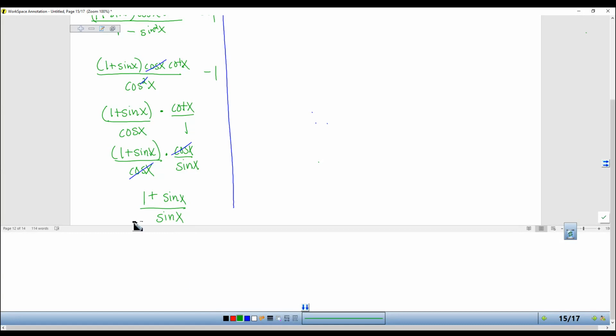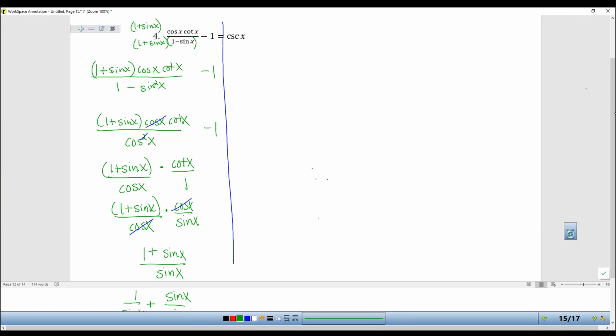So this becomes, I'm going to separate it into two separate fractions. 1 over sine of x plus sine of x over sine of x gives me cosecant of x plus 1. And I think to myself, hold on, what was I trying to get? Just cosecant of x. All right, this is where somebody might be really tempted to fudge it, or maybe check the original problem.